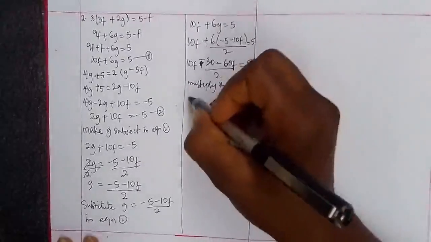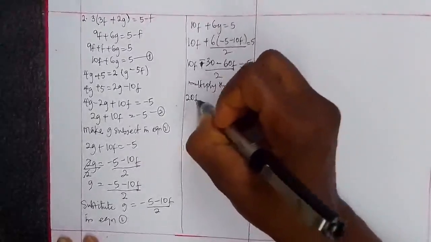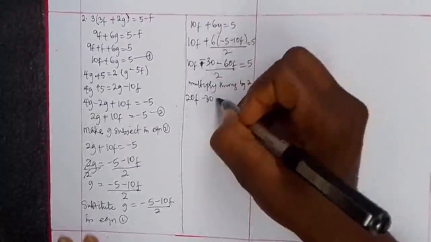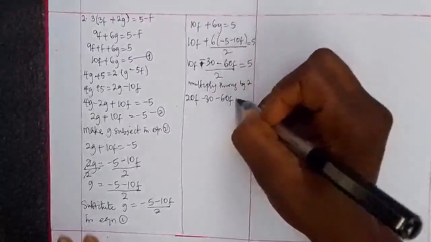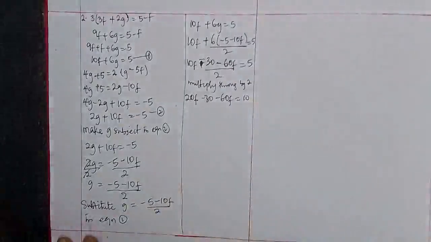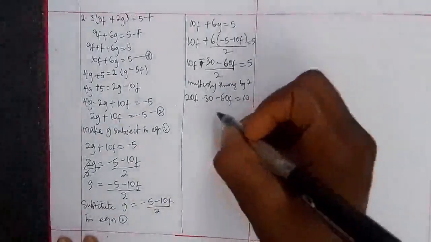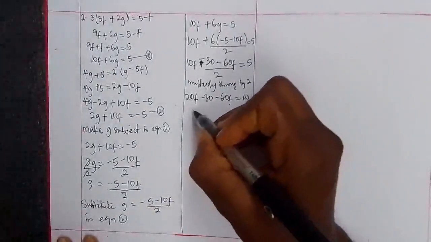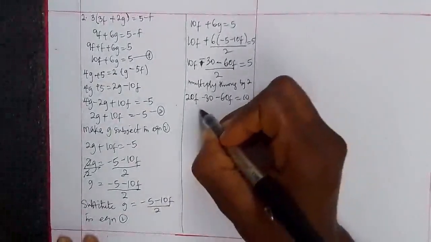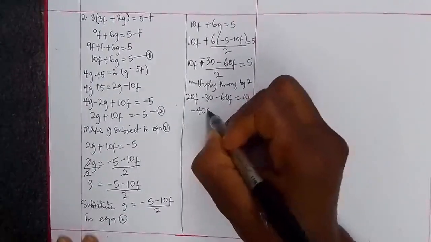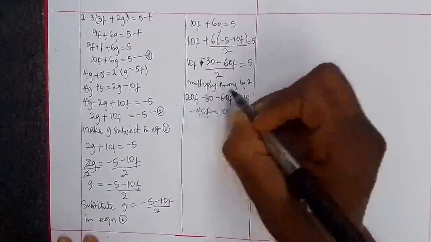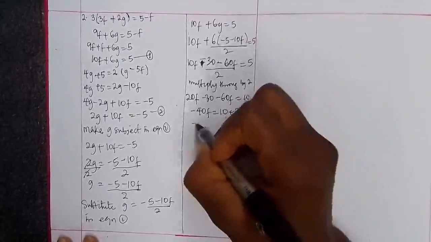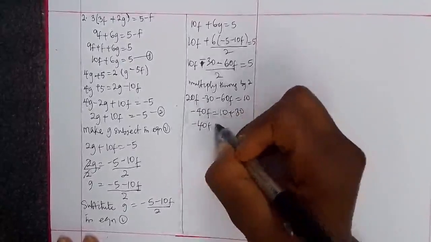So what we have here is now 20f minus 30 minus 60f is equal to 10. The f's, let's subtract them. So we have 20f minus 60f, that's minus 40f is equal to 10 plus 30. Minus 40f is equal to 40.